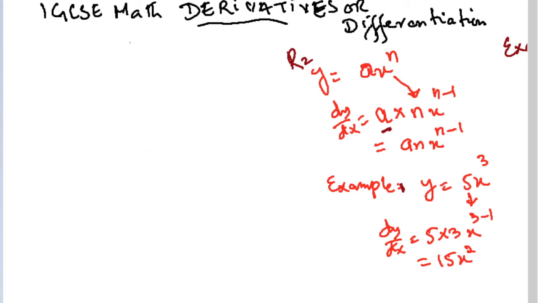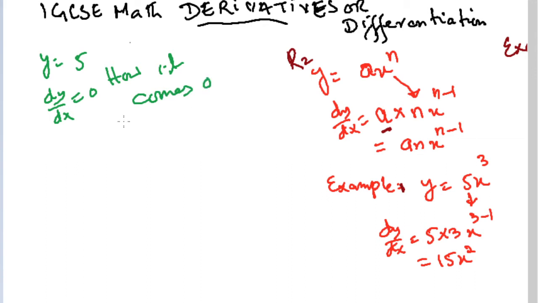Now, I was doing y is equal to 5, and I was showing you how dy/dx becomes 0. See here, I can write y is equal to 5x power 0. Can I write that?